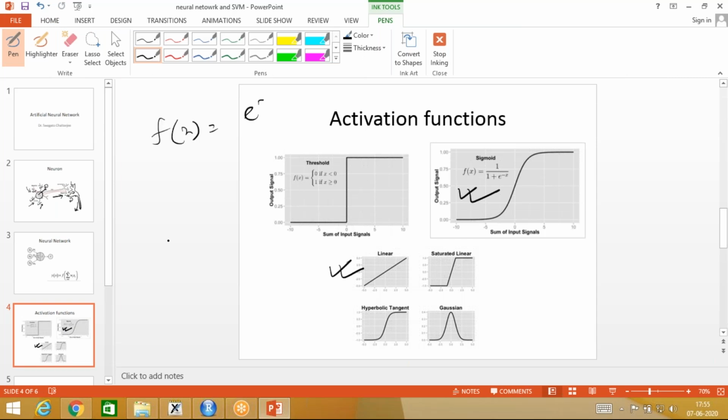Basically, f(x) is equal to e to the power x divided by 1 plus e to the power x, or f(x) is equal to x. These are the most common activation functions that we have. Now, which one should we use? Again, it's a trial and testing method, but these are the most common that we generally use.